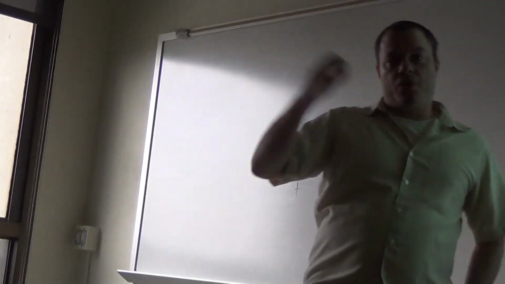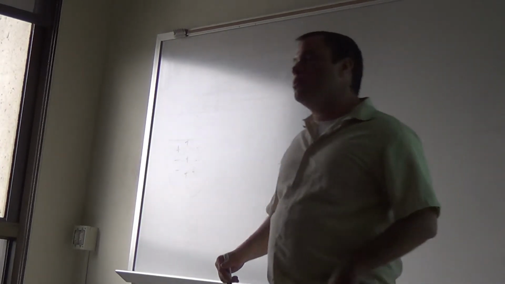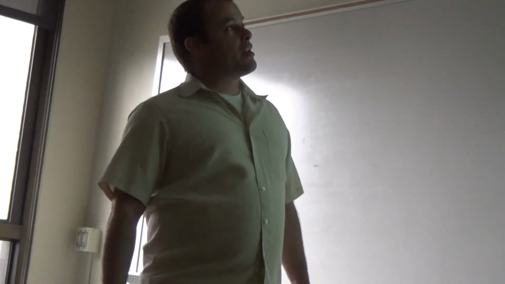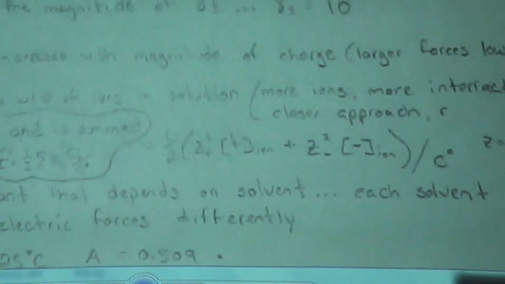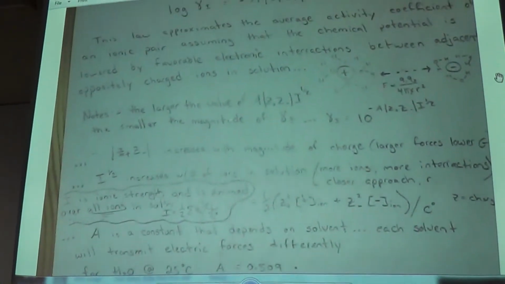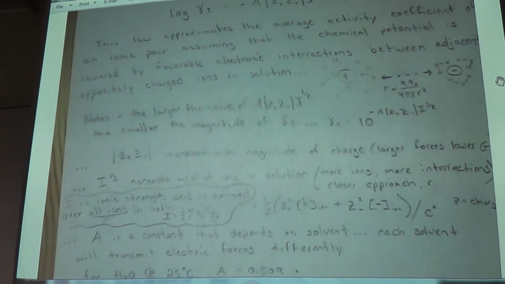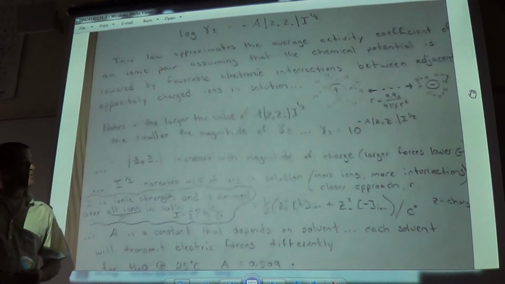And so with higher ionic strength, you end up going to a lower chemical potential. And so you see that I to the 1/2, the larger that ionic strength becomes, the lower gamma plus minus becomes.